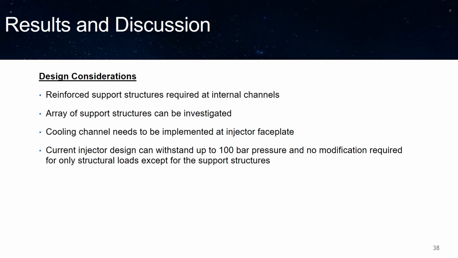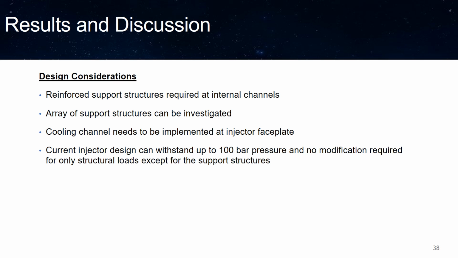The design considerations from these results are that we need to reinforce the support structures. We could do an array of support structures inside the fill lines, or we could make the support structures thicker so they do not fail.